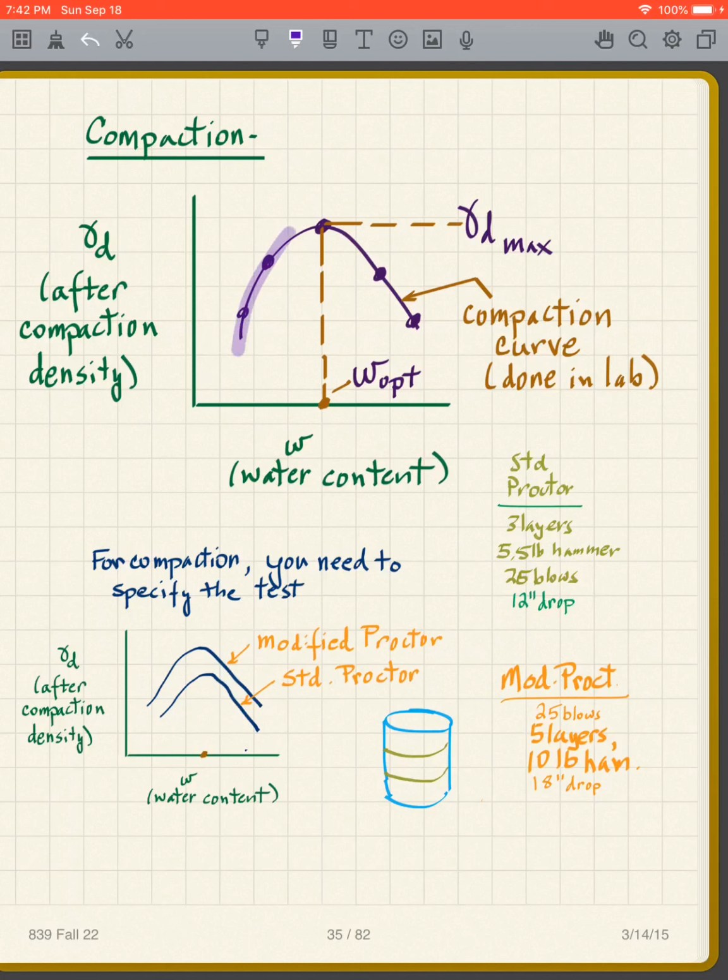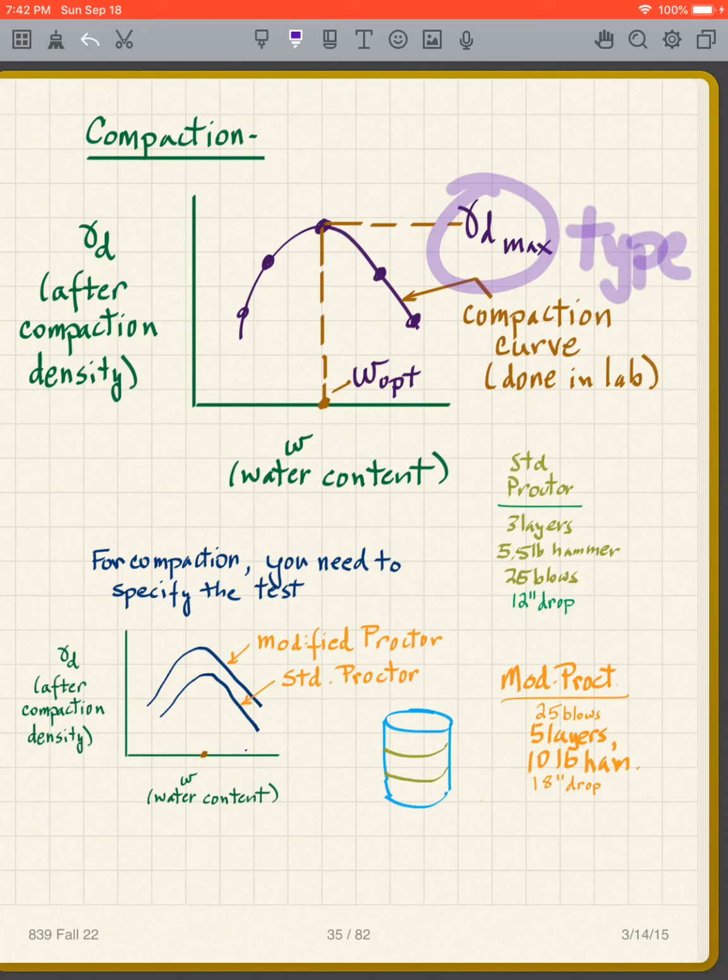So I might have this curve for the standard Proctor, but when I do the modified Proctor on the same soil, I get a different result, I get a different curve. So whenever we refer to the gamma D max, I have to really reference my test type.